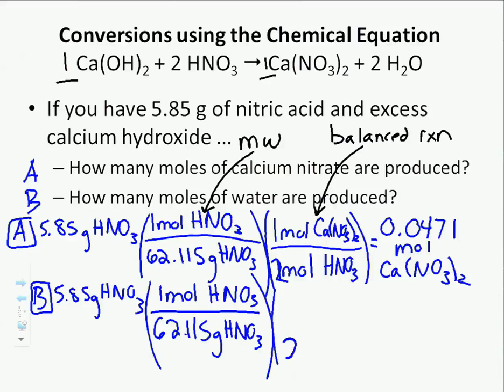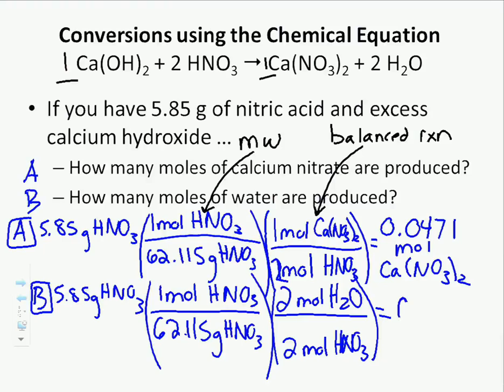For every 2 moles of HNO3, you have 2 moles of water. Type that in. You should end up with 0.0942 moles of H2O, water.